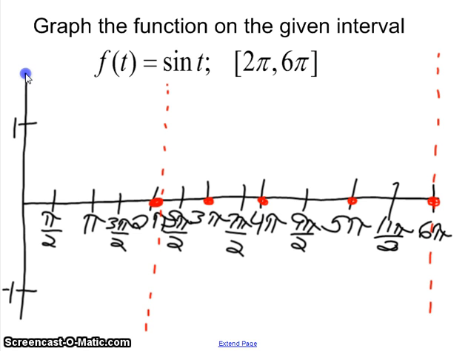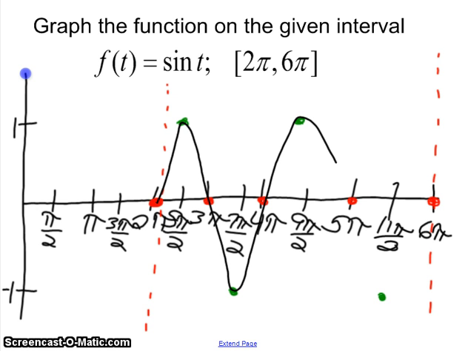So it goes to a maximum at 5 pi over 2, a minimum at 7 pi over 2, a maximum at 9 pi over 2, and a minimum at 11 pi over 2. So I'm just going to connect those points.